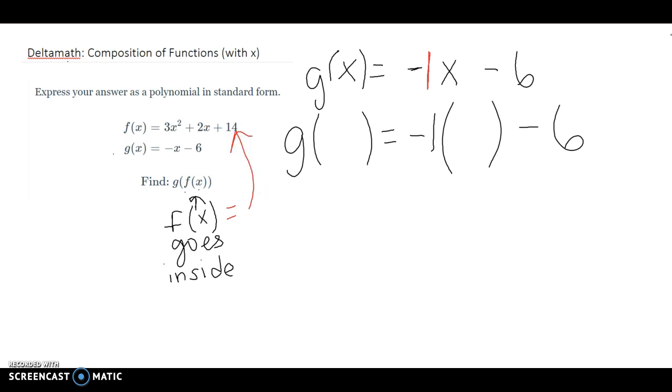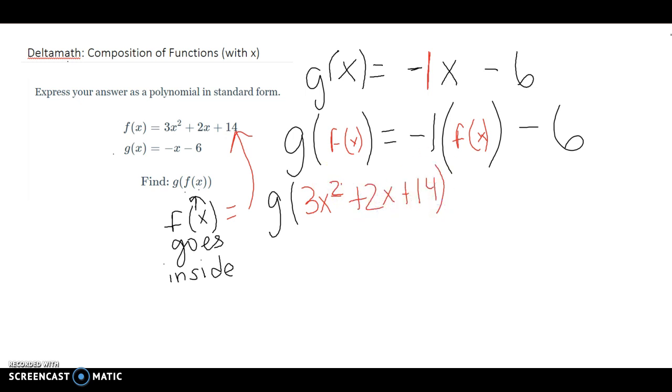So I'm going to plug that in. Let me give myself some more room. So it's going to be g of f of x. And we said f of x is 3x squared plus 2x plus 14.